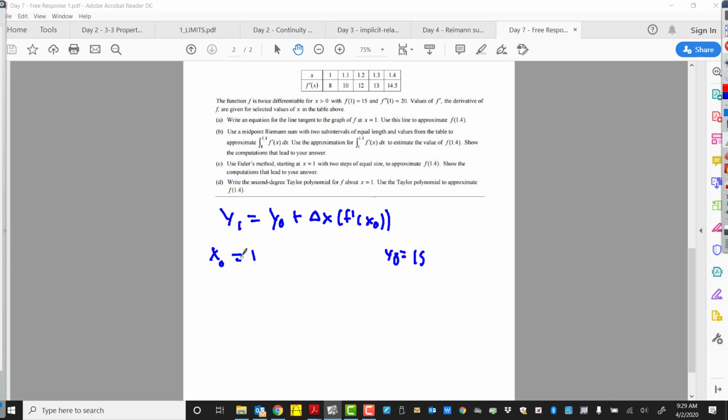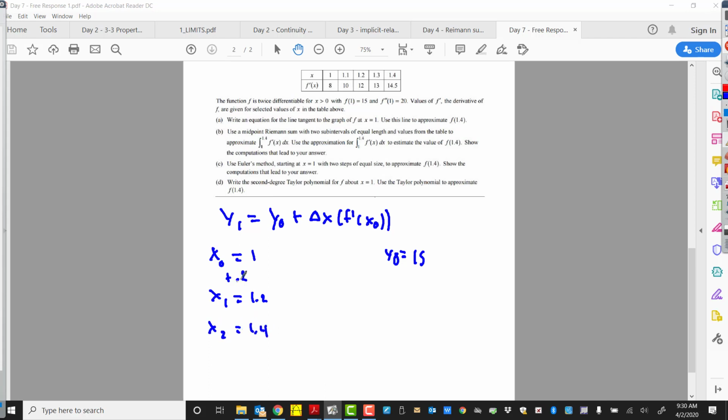Okay? So to get our next x, we're going to add what our change in x is. We need 2 steps of equal size, and we need to end up with 1.4 as our x. So we're going to add 0.2, and that is our delta x. And so x1 is going to be 1.2, and then x2 is going to be 1.4.